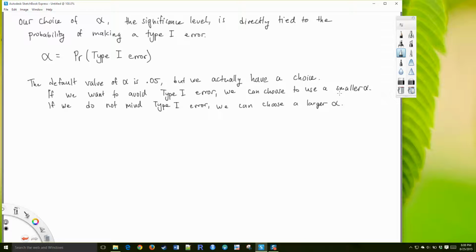So decreasing alpha will increase the risk of type 2 error.